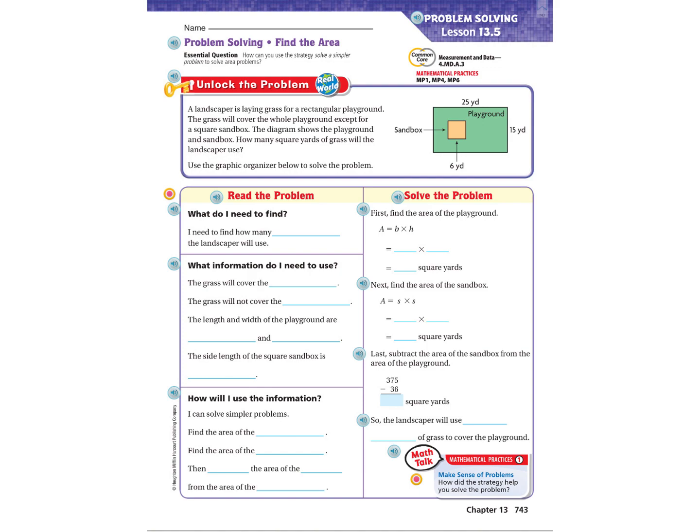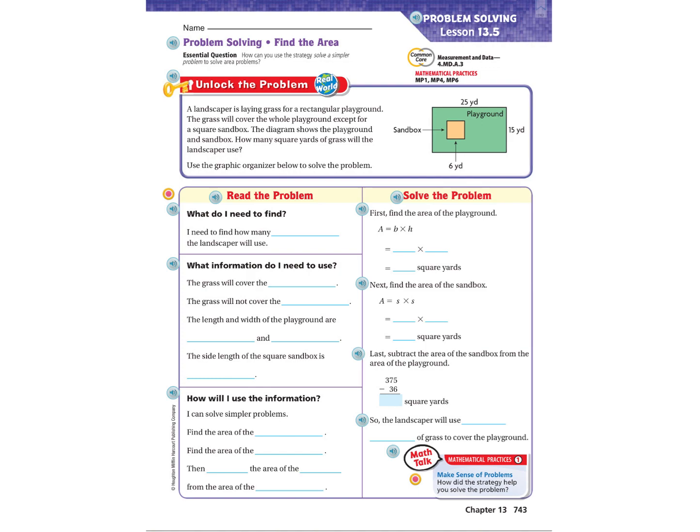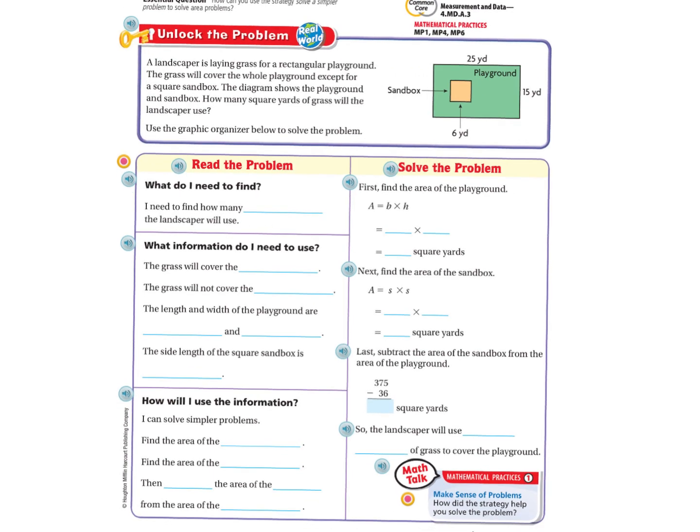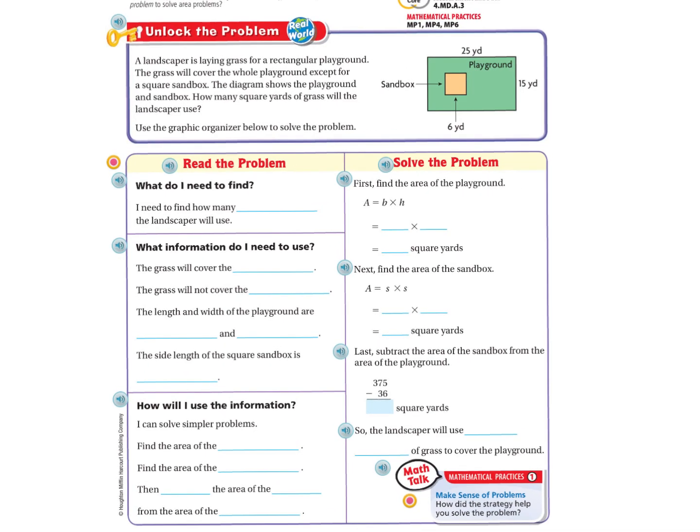Okay, perfect. So let's look at unlock the problem here. We have a landscaper laying grass for a rectangular playground. The grass will cover the whole playground except for a square sandbox. The diagram shows the playground and sandbox. How many square yards?